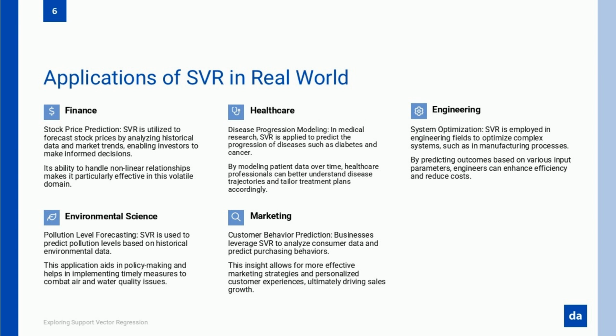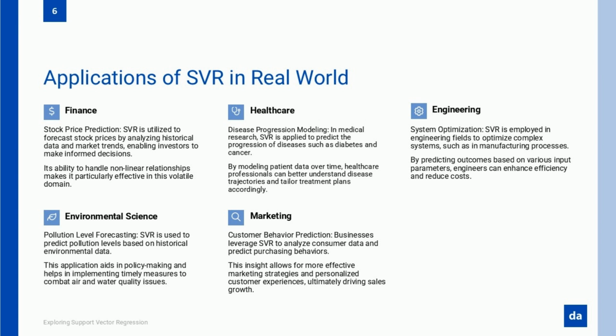The common theme across all these applications is that SVR allows industries to make more precise, reliable, and adaptable predictions. Whether it's forecasting financial trends, improving healthcare outcomes, optimizing engineering processes, or enhancing customer experience, SVR is transforming the way organizations make decisions.